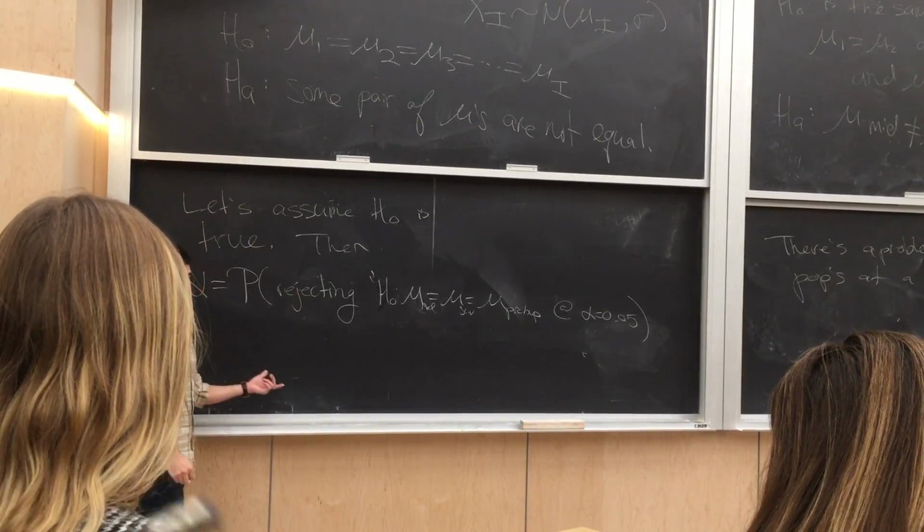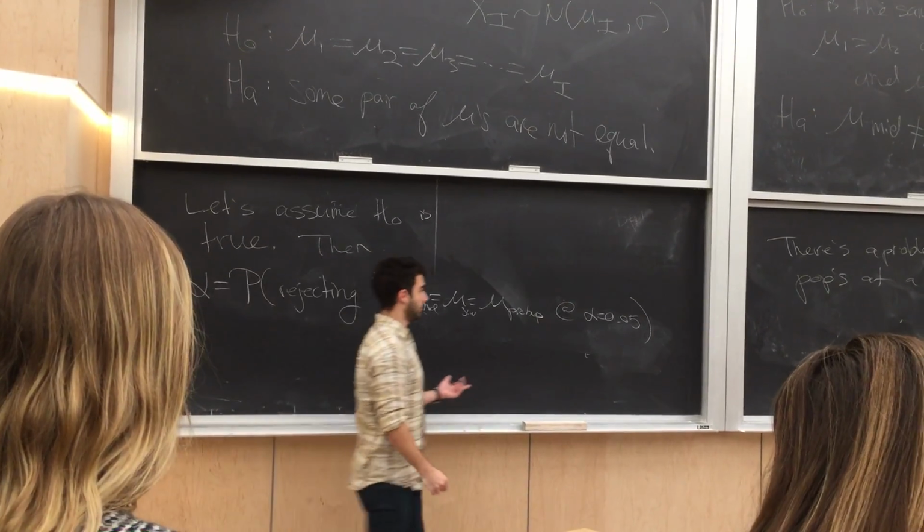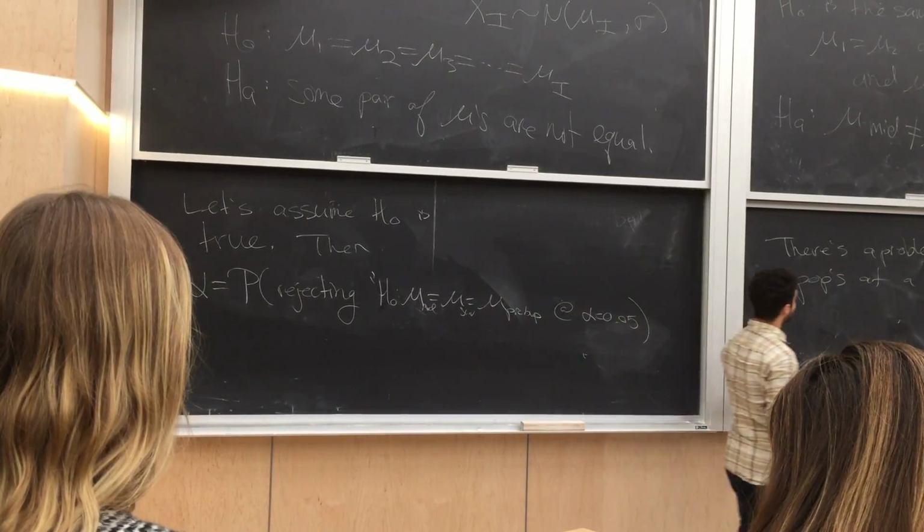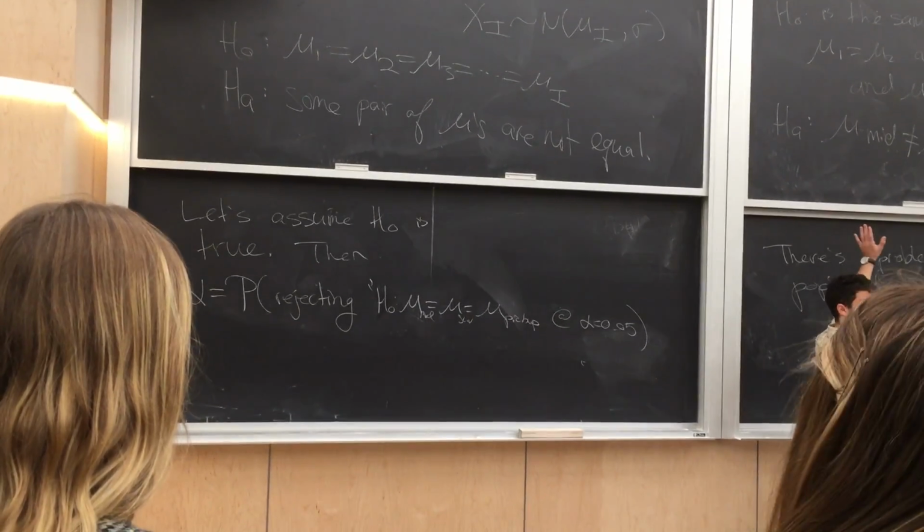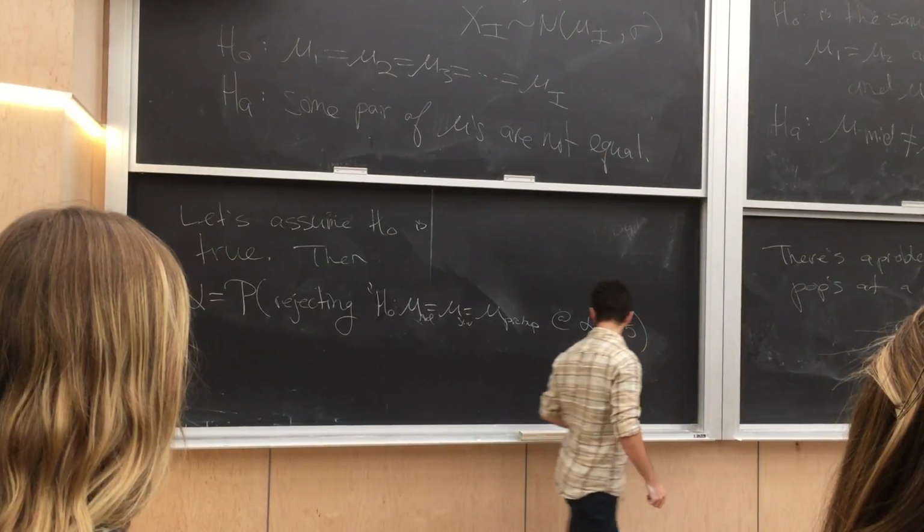And so let's compare this to what we'd get for alpha if we just compared all the means a pair at a time.